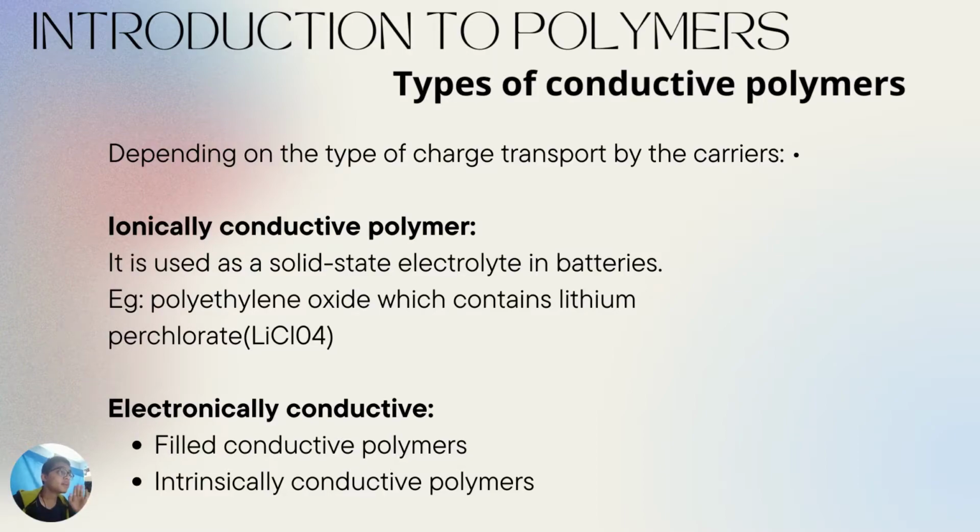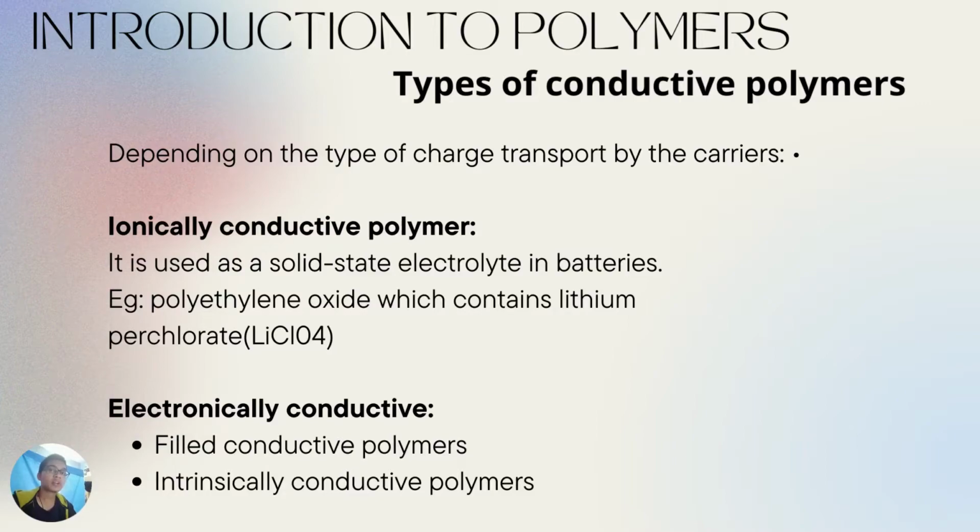It is used as a solid state electrolyte in batteries. You might have heard solid state batteries are the next generation of batteries which will transform the electrification of everything. Today, the batteries that we possess have a liquid electrolyte. If it has a solid electrolyte, then its performance, its capacity increases.